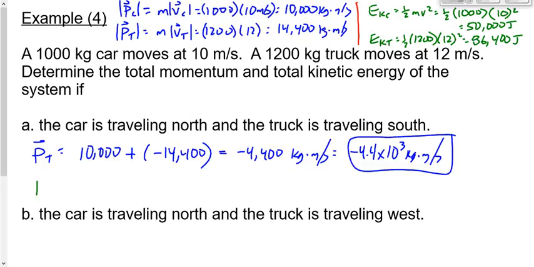Now let's find the total kinetic energy. What are you going to do here? Add them both together. 50,000 plus 86,400, which gives me 136,400.